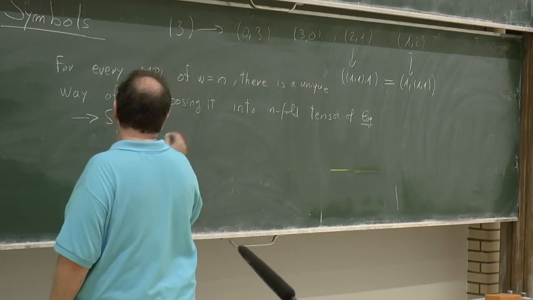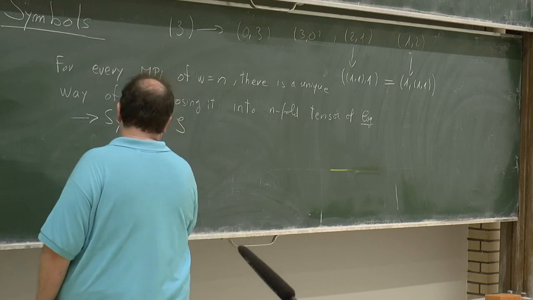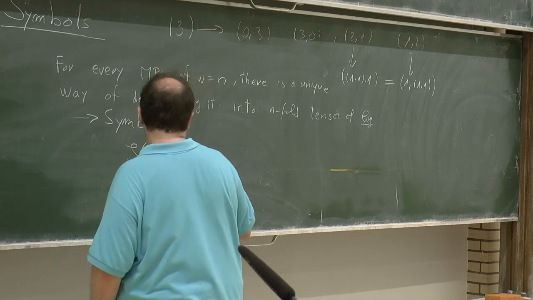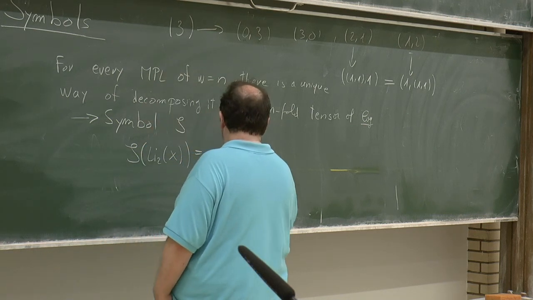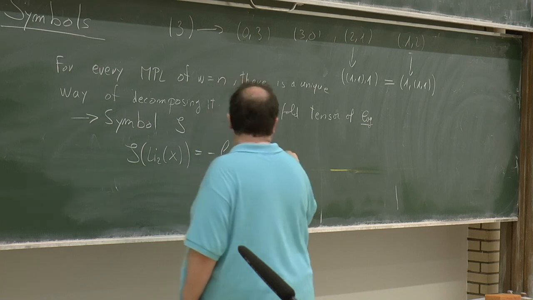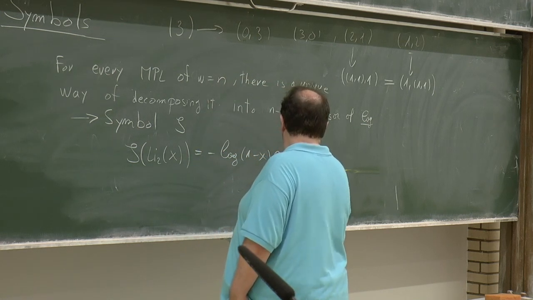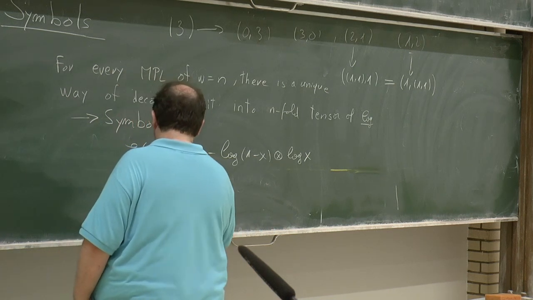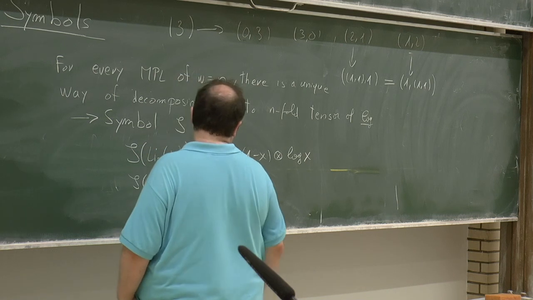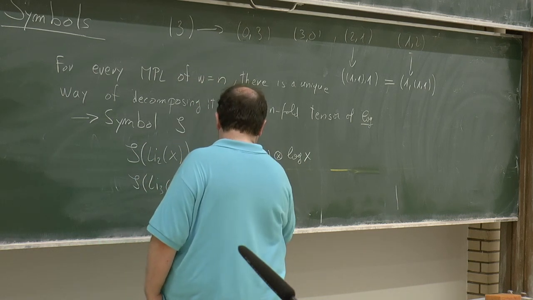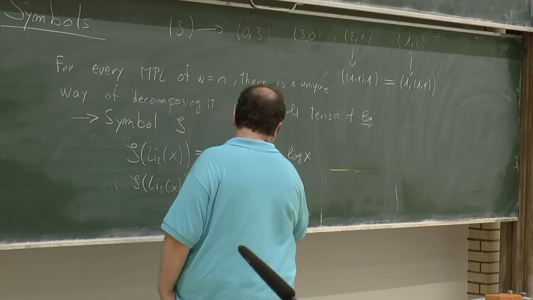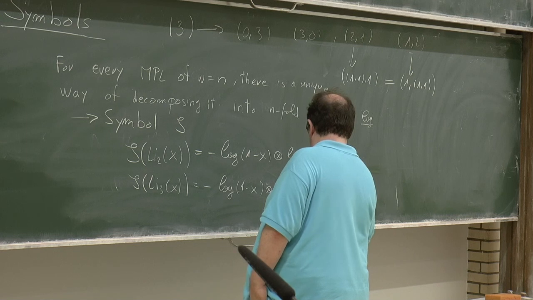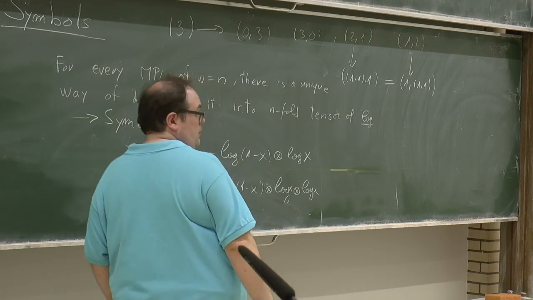For example, the symbol, let's call that S, the symbol of Li2 of x would be, well, we've written that many times, that is precisely that. The symbol of Li3 of x, you have to go to the algebra and see why.